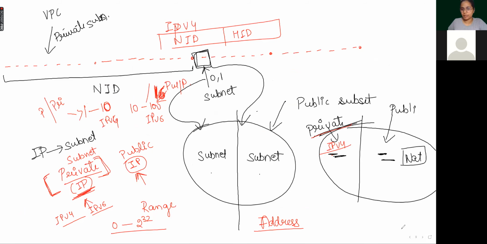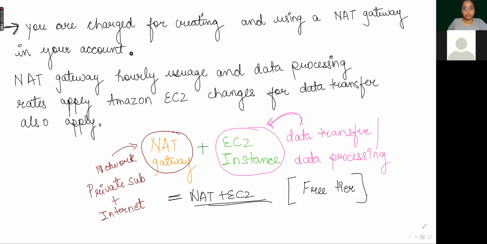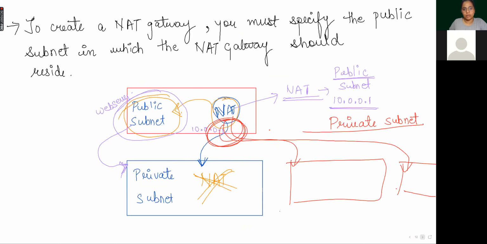Then the concepts of subnet. Then we started with the NAT gateway, how NAT gateway works and how they charge for NAT gateway, in combination with the EC2 instance. Public subnet, private subnet.